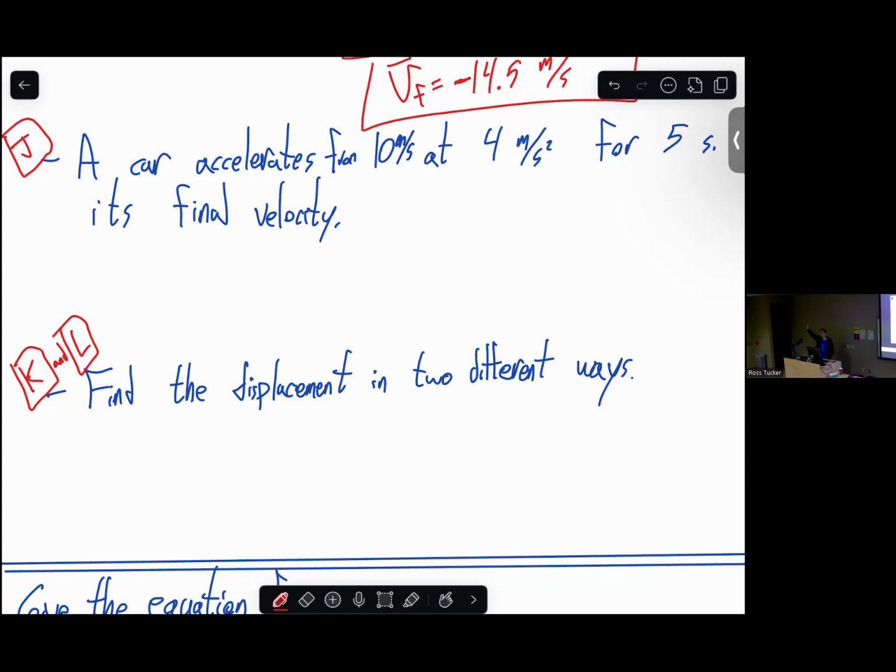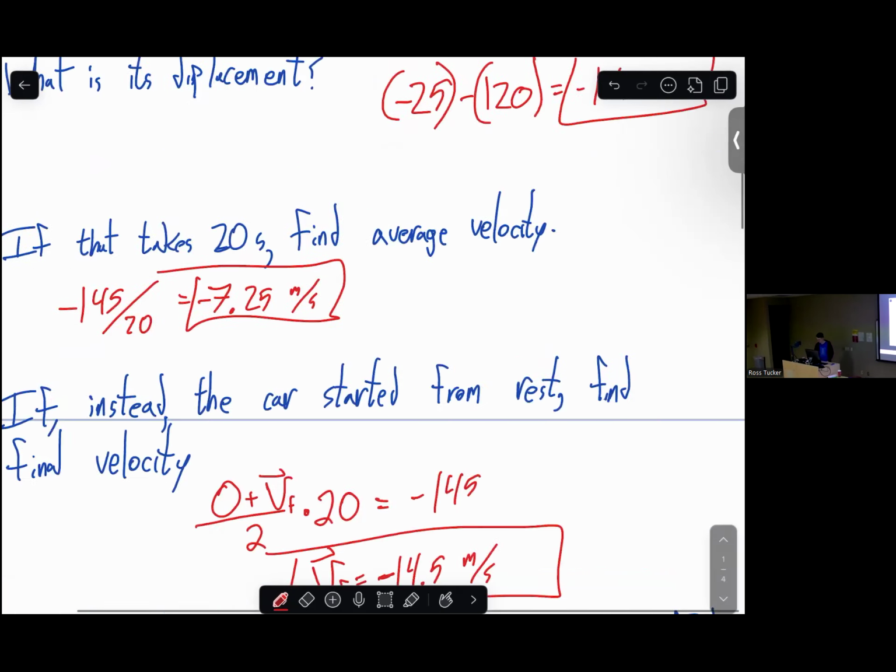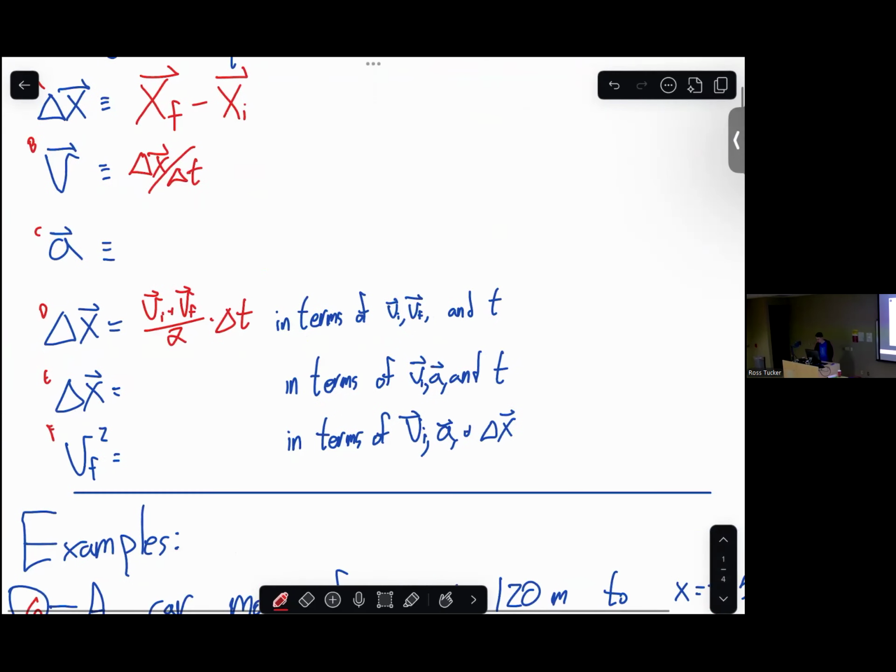Who's just stuck? I don't see anything going in. Okay. Maybe I should give the equations up here first. You don't have these, you're dead in the water.